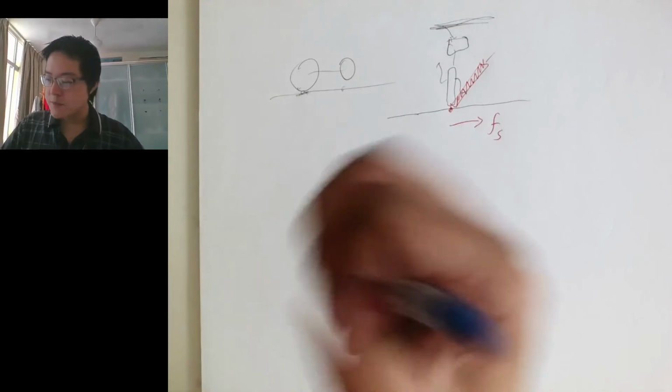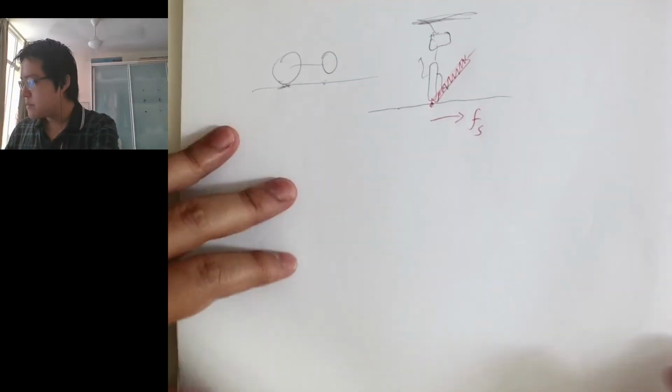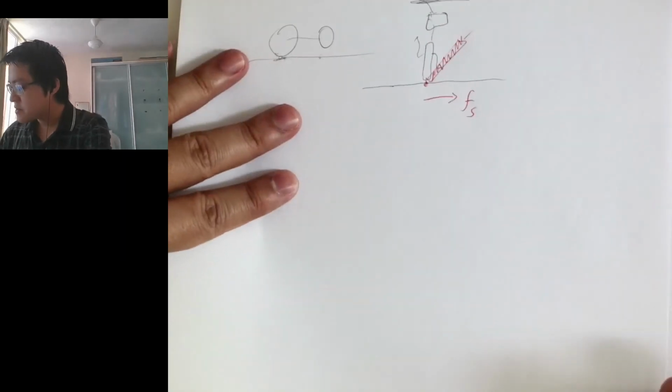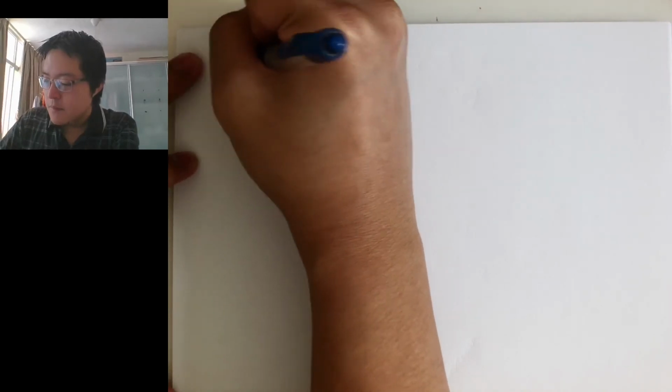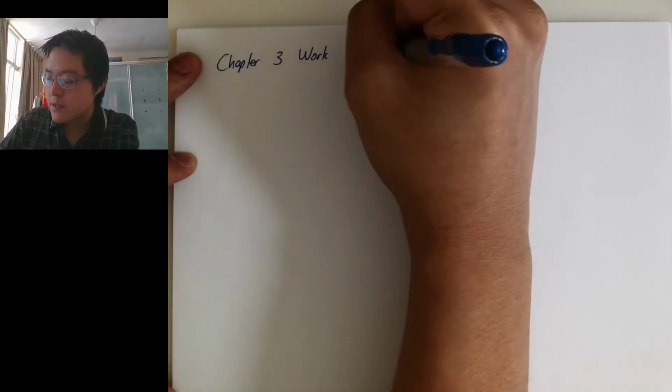We are now in chapter 3. Okay, so chapter 3. Maybe new page. New page would be nice. Chapter 3. So now we're talking about work and energy.